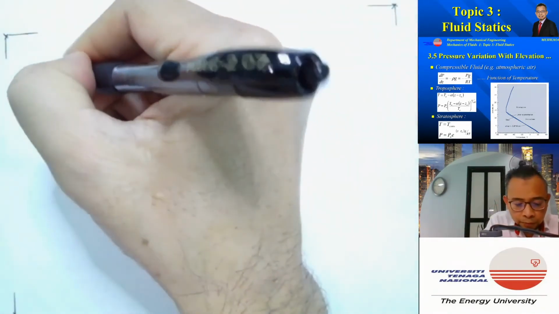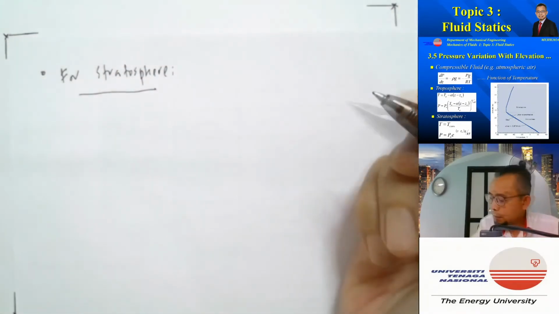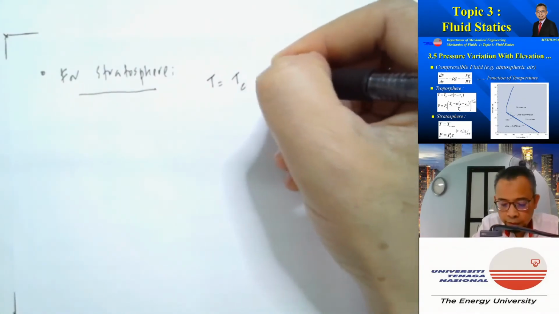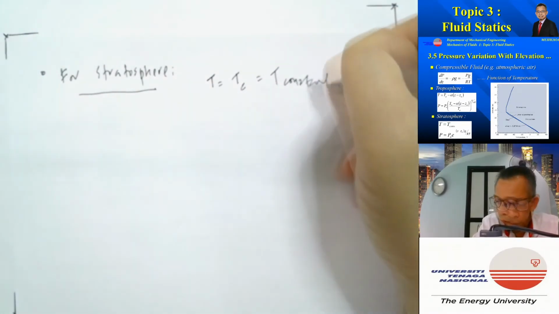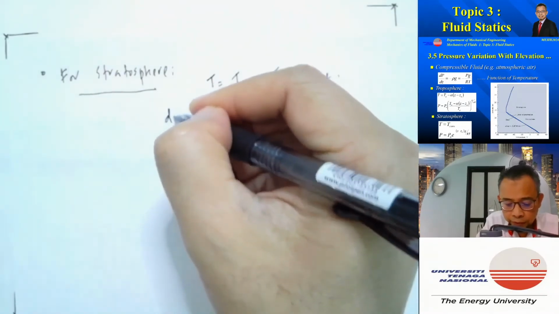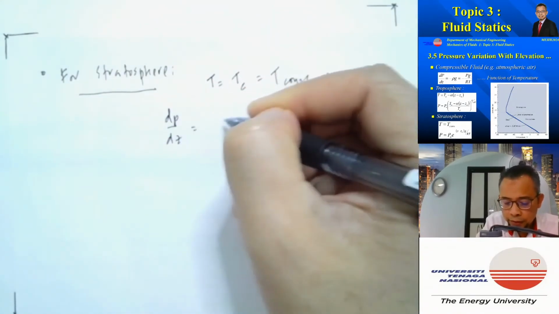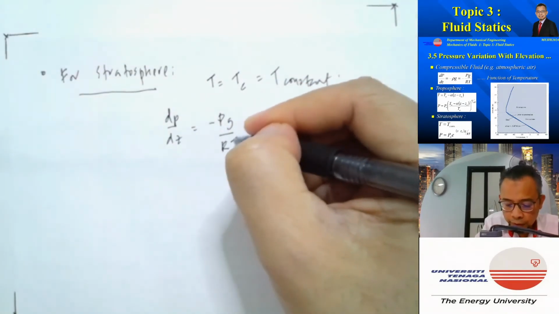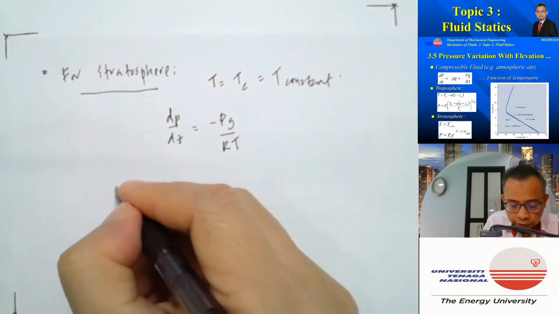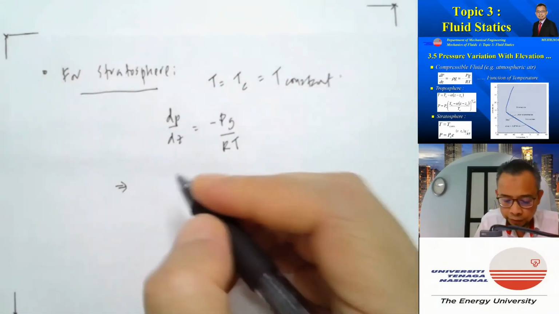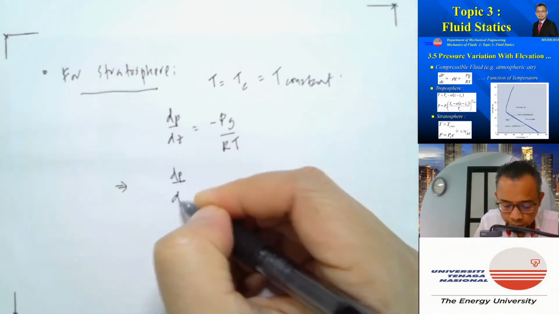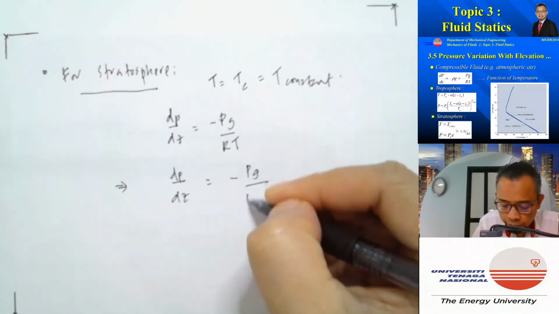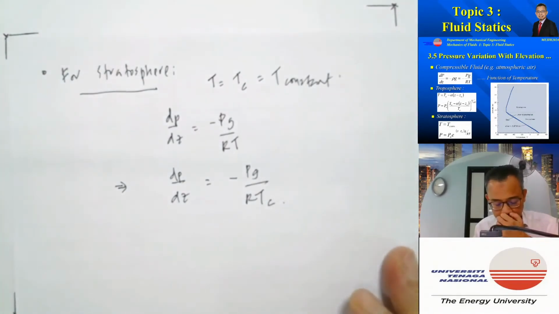Now for the stratosphere, we have T equal to Tc, a constant temperature. If I rewrite again, dP/dz is minus Pg over RT. Substituting, dP/dz is equal to minus Pg over R Tc.